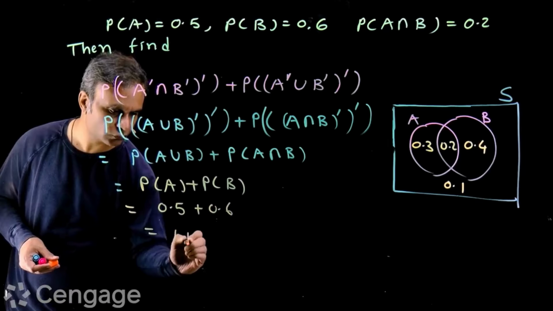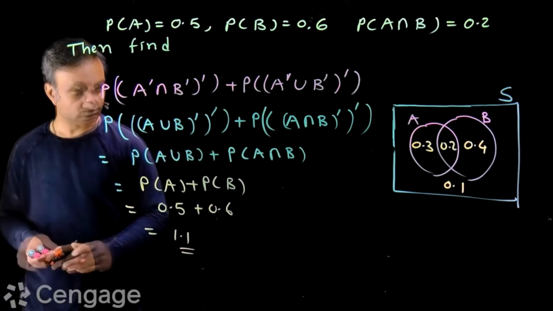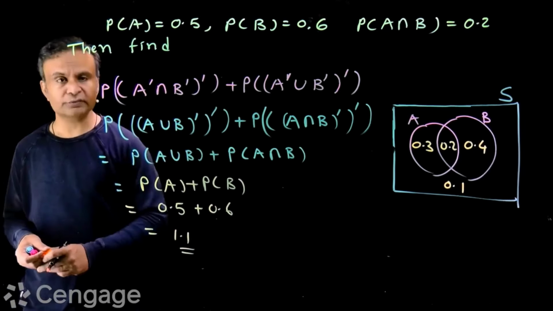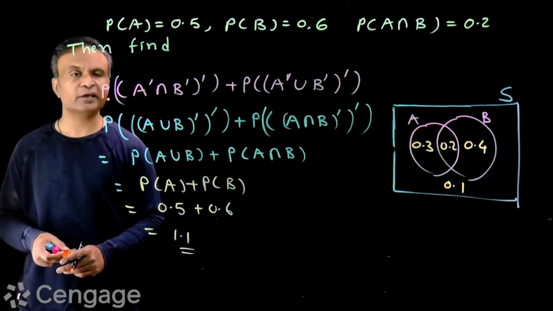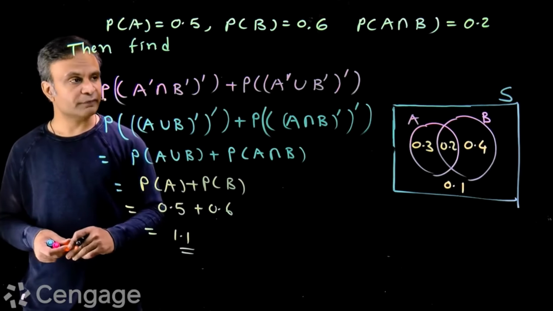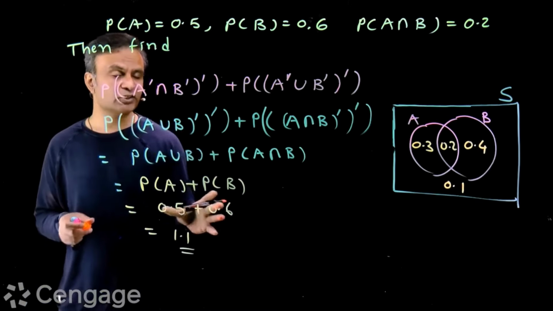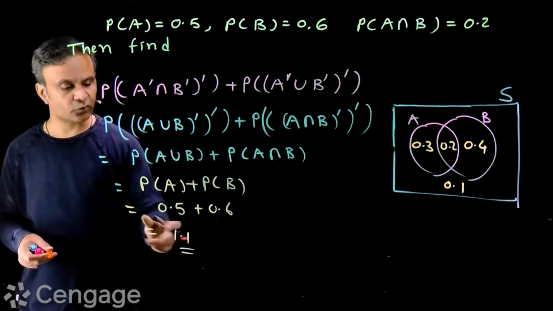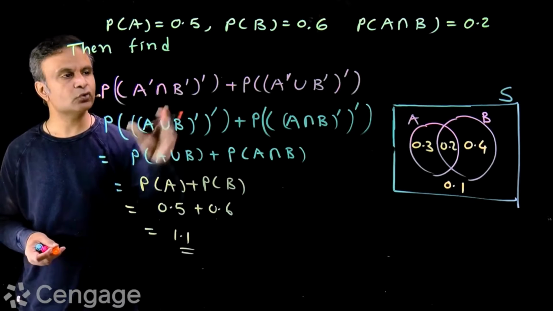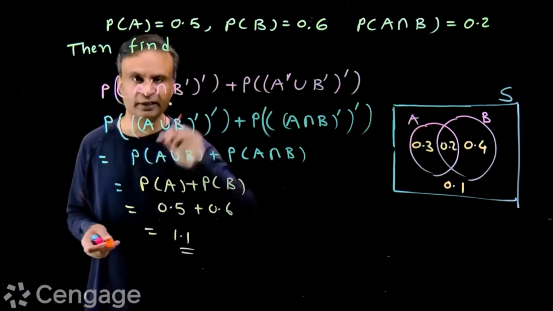This is equal to 1.1. No surprise if we get a value more than 1, because here we are not finding probability of some event. Here we are finding the sum of probabilities of two events, which can be more than 1. ये sum more than 1 हो सकता है क्योंकि यहाँ पे हम दो probabilities का sum निकाल रहे हैं. ठीक है ना.